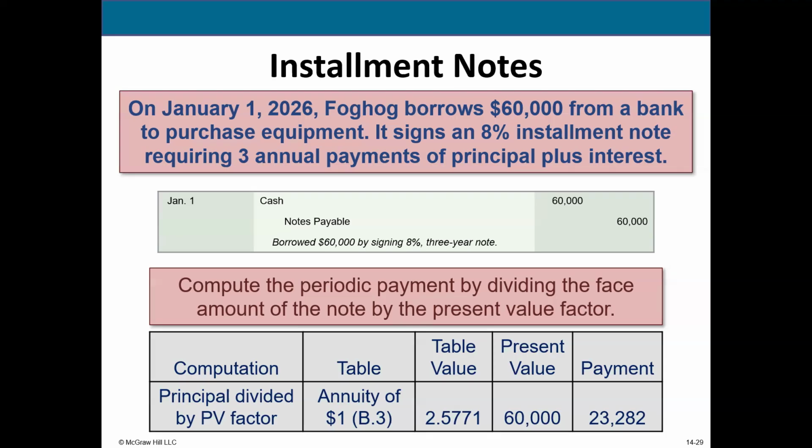This implies that we will make 3 equal payments of $23,282, one payment per year. So at the end of each year, we're going to pay $23,282 of principal plus interest back to the bank to satisfy the loan.